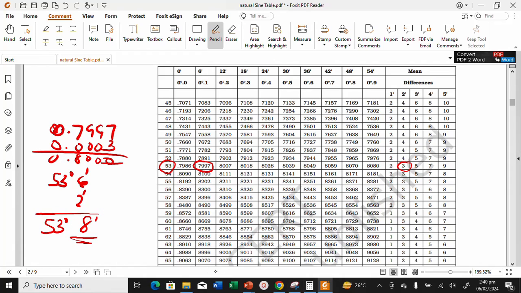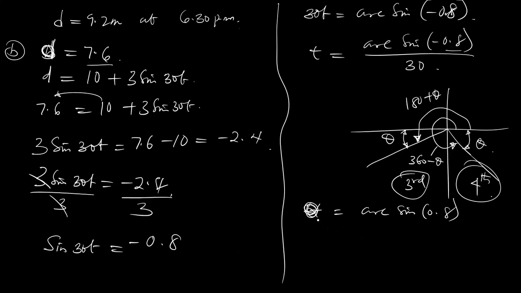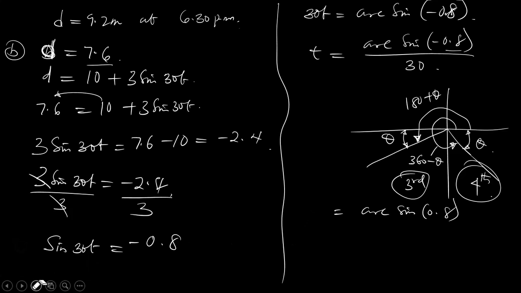So now let's go back. That means the angle theta is 53 degrees 8 minutes. Now the 8 minutes you can change to degrees: 8 divided by 60 times 1 degree.